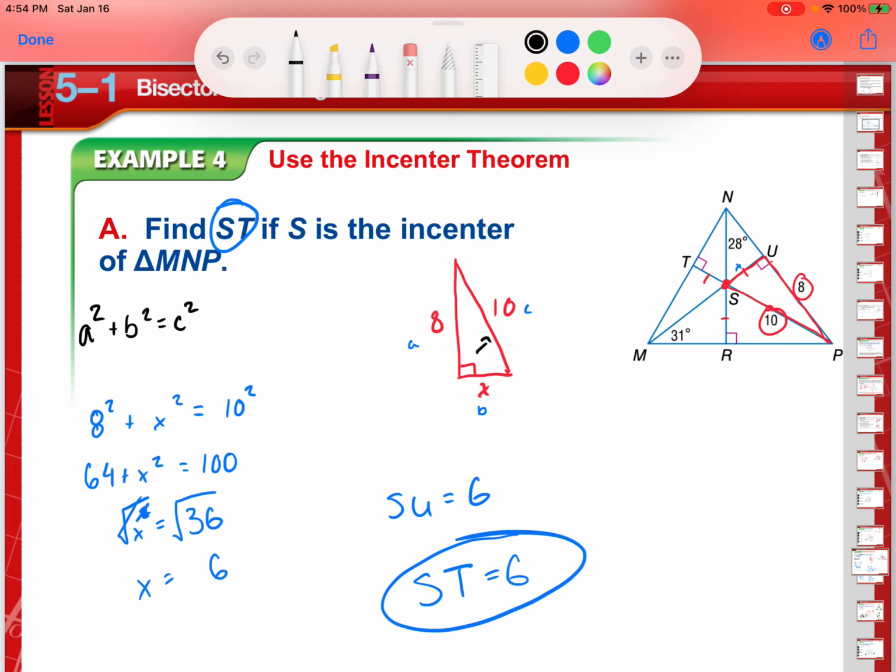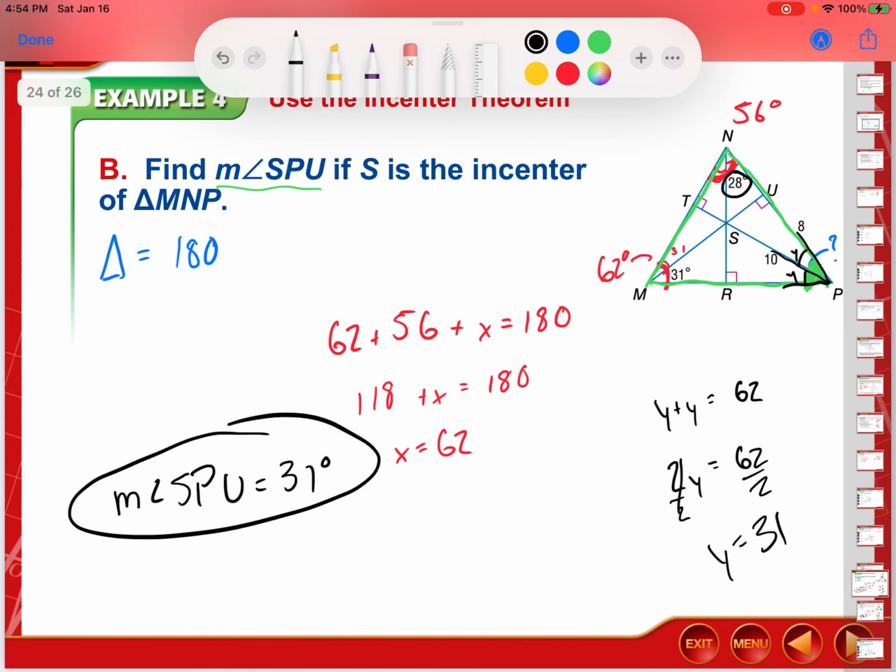So I cannot figure out for the life of me what went wrong with that. So that should have been... Sorry, this one. So that would have been 56. So that would have been... would have needed to go to 62, right?